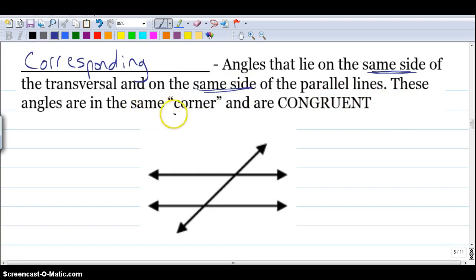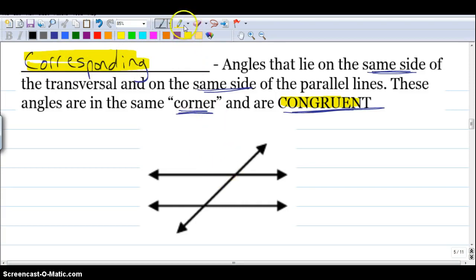These angles are in the same corner and are congruent. Very important to know that they are congruent. Very, very important. The corresponding angles are congruent.